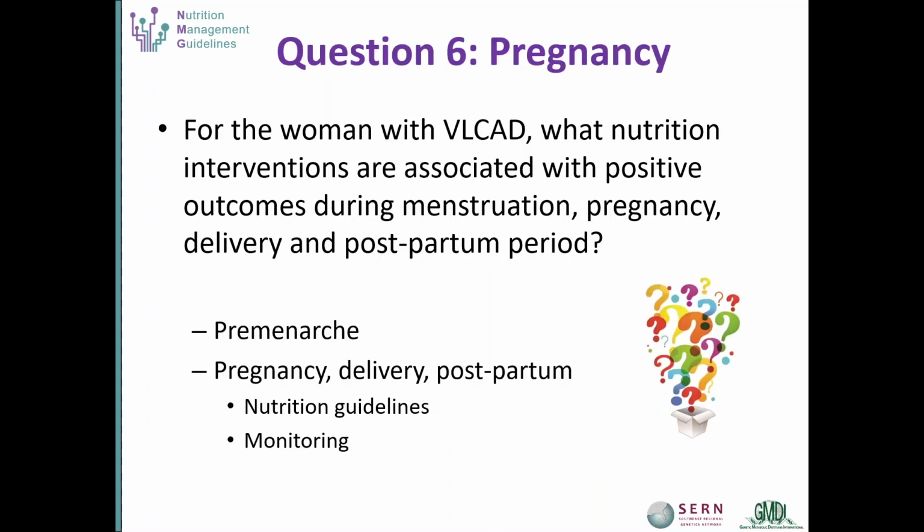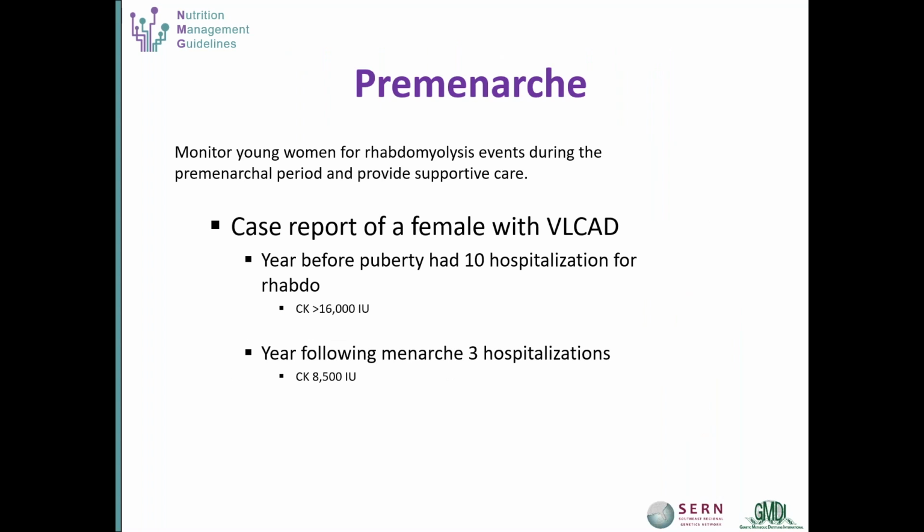Question 6 was about pregnancy. So here we are discussing the premenarchal period, pregnancy, delivery, and the postpartum period, providing nutrition recommendations and monitoring guidelines. There's very little out there about young women prior to menarche. There is one case report where this female had more problems with rhabdomyolysis in the year before puberty compared to the year after puberty.